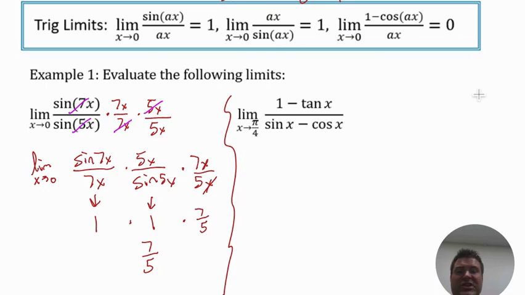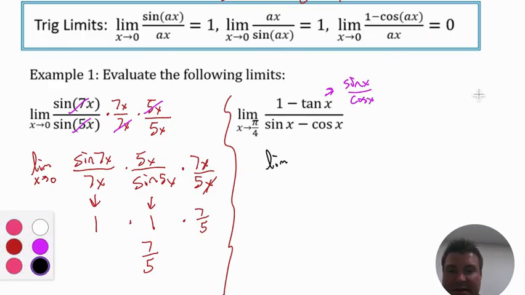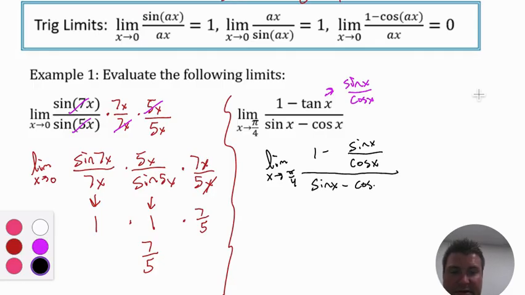So why don't we just change this tangent into sine of x over cosine x. So I can rewrite this now as the limit as x goes to pi over 4 of 1 minus sine of x over cosine x all over sine x minus cosine x.